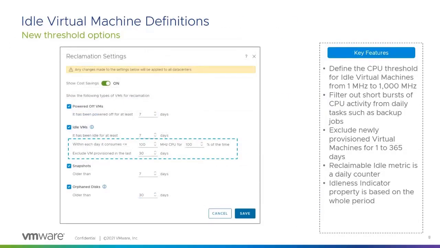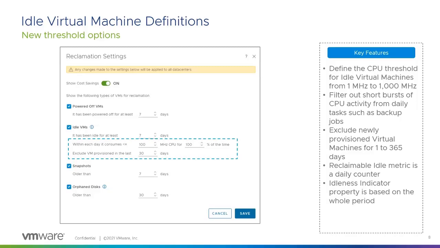Since we're getting into the reclamation piece, I just want to mention the idle virtual machines, because this is a relatively new change as of 8.6. You can actually go in and modify the thresholds for what defines an idle virtual machine.